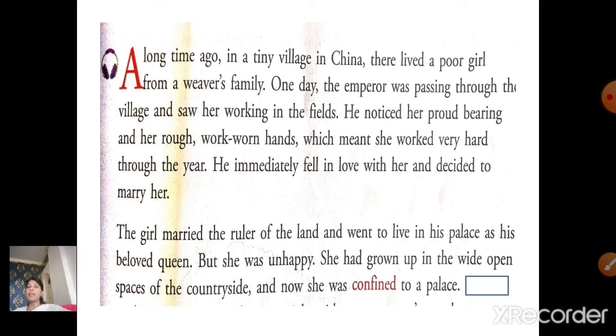He immediately fell in love with her and decided to marry her. The girl married the ruler of the land and went to live in his palace as his beloved queen. But she was unhappy. She had grown up in the wide open spaces of the countryside and now she was confined to a palace.